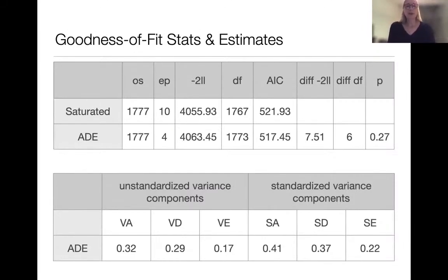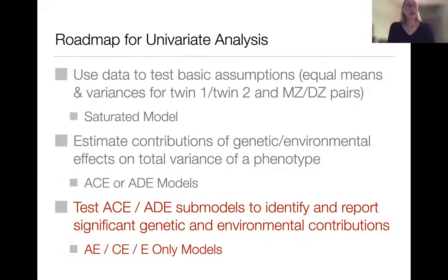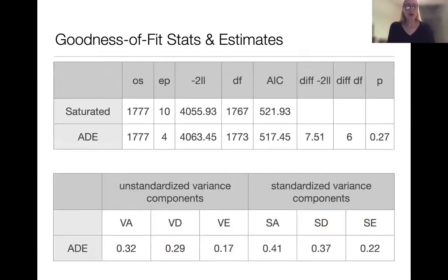And of course, in addition to that, we may want to ask some additional questions. It looks like we have potentially 3 sources of variance contributing to this phenotype. But are the estimates that we get really significant, in such a way that they are significantly different from 0?